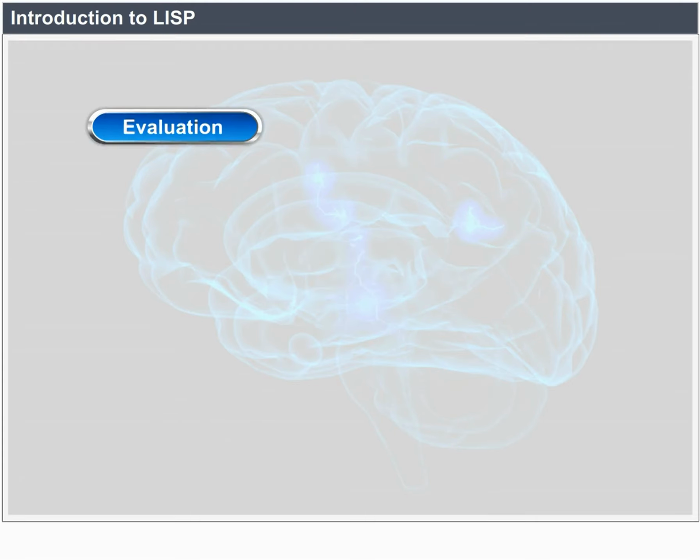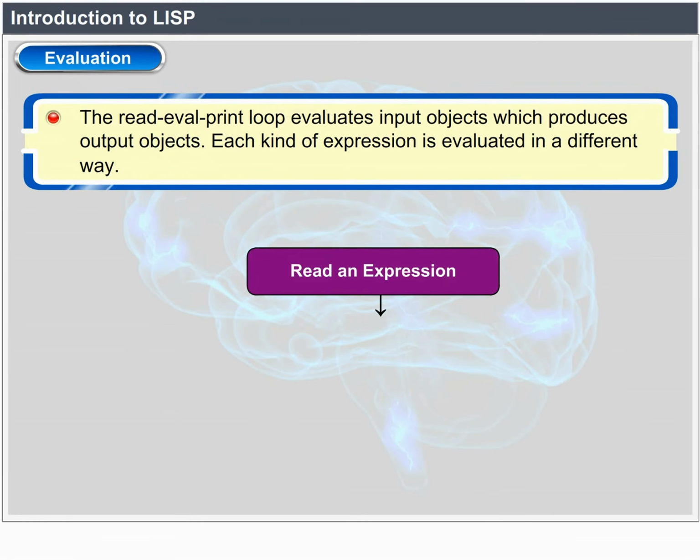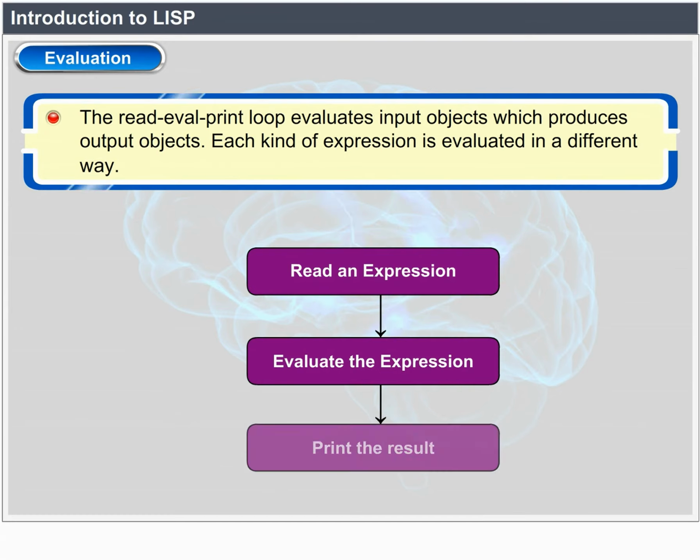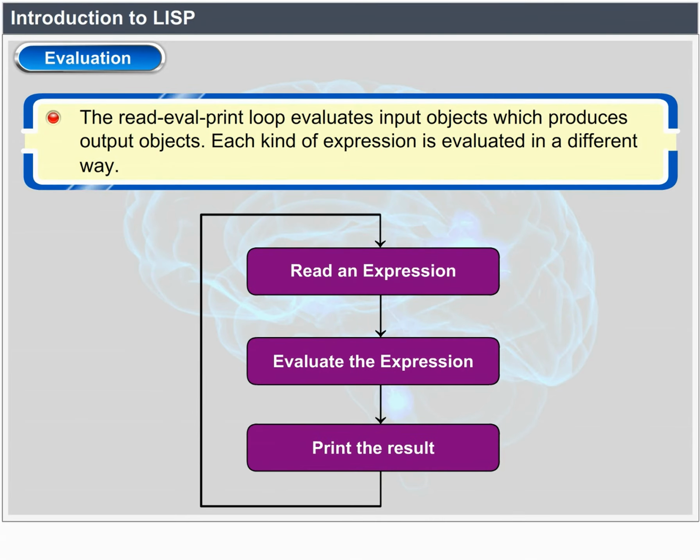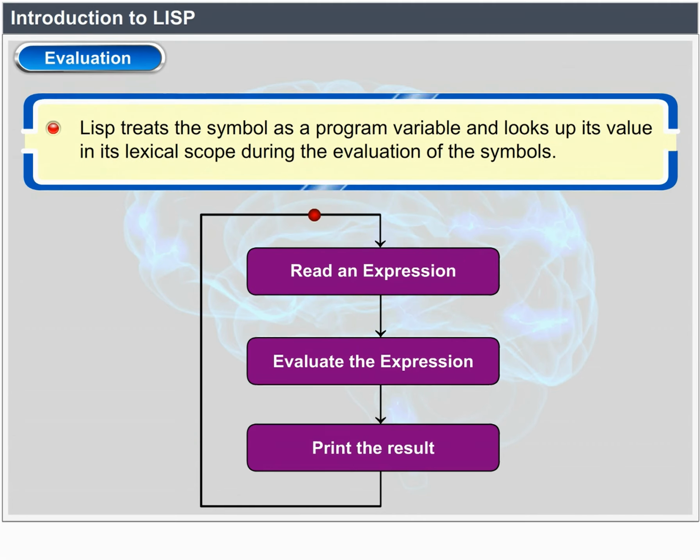Evaluation. The read, eval, print loop evaluates input objects, which produces output objects. Each kind of expression is evaluated in a different way. Lisp treats the symbol as a program variable and looks up its value in its lexical scope during the evaluation of the symbols.